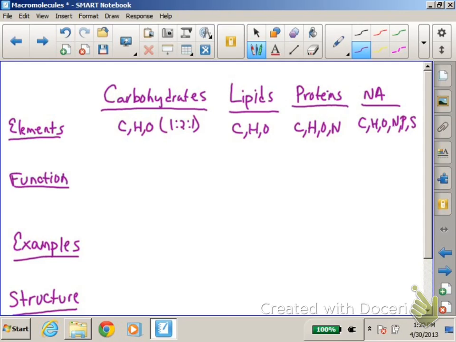Okay, so I just remember CHO, CHON, and CHONPS in that order for the elements present in each macromolecule. Okay, functions. Your carbohydrates are for quick energy. It's their quick energy.